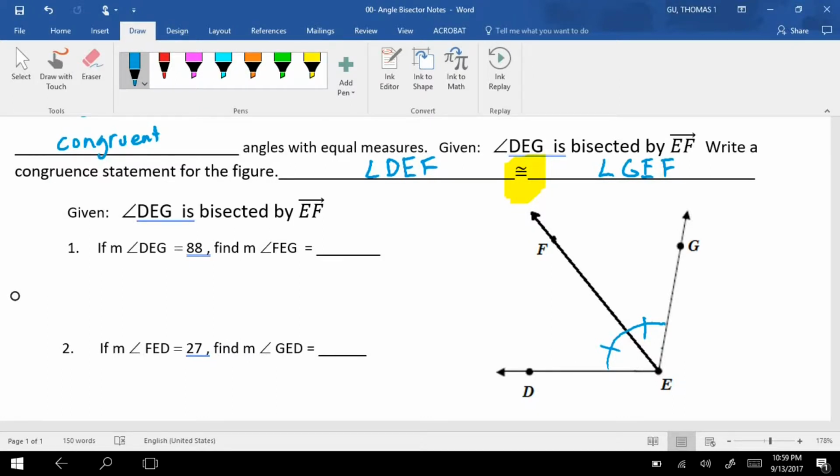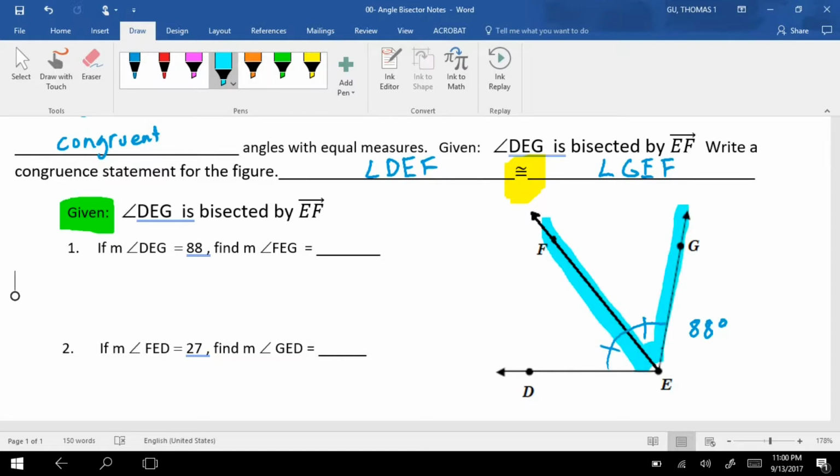First, we're given that angle DEG is bisected by ray EF. We already know that because it said it above. Do you remember what given means? Given pretty much means you know that. So if angle DEG is 88 degrees, then find angle FEG.